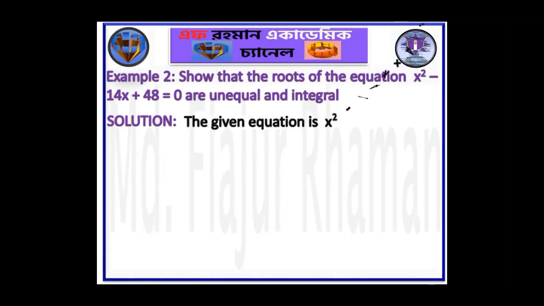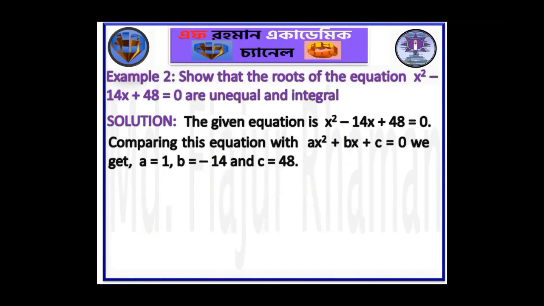The given equation is x square minus 14x plus 48 is equal to 0. This equation is already expressed in its standard form. That's why we should compare it directly with the standard equation x square plus bx plus c is equal to 0.